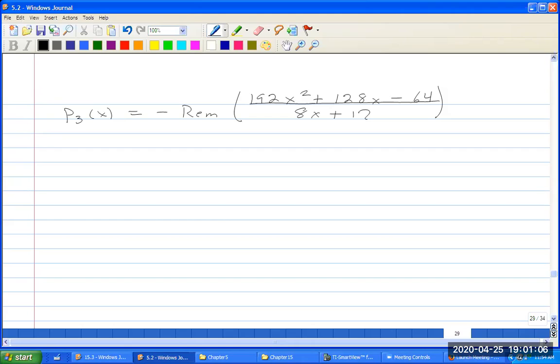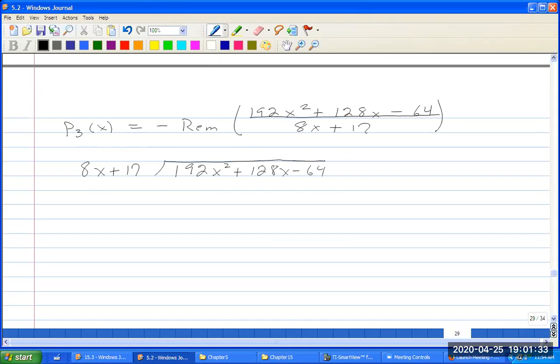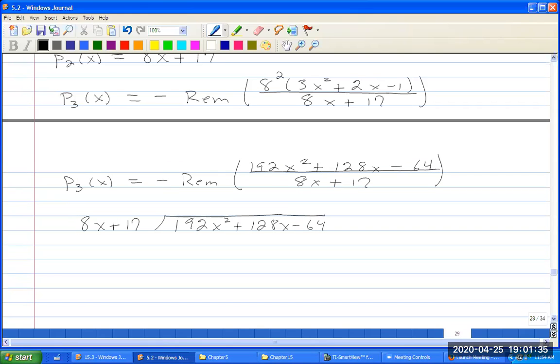I could use synthetic division, but I guess I'll keep going with long division. And so this is 8x plus 17. Actually, there's a way to do these divisions a little faster using what's called the Chinese remainder theorem.